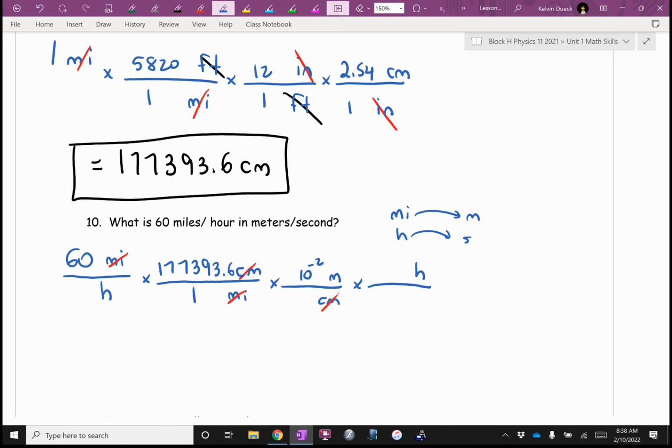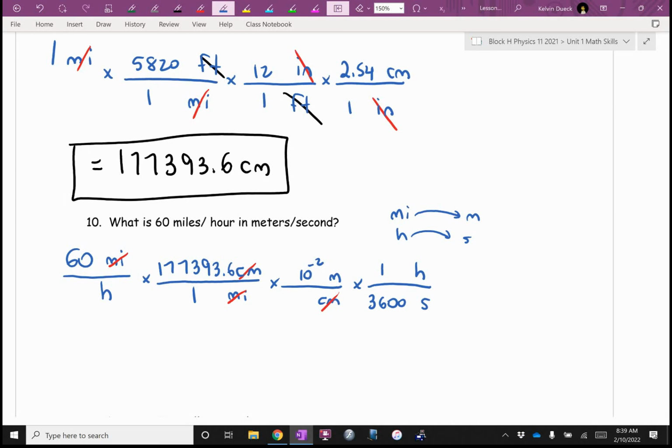It's a little village here. So somebody said 3,600. So we can go straight to seconds, and 1 hour is 3,600. That looks like a 5. I'll leave a space so you can tell that's a letter. So it's going to be 60 times 177,393.6, that number, times 10 to the negative 2, divided by 3,600.